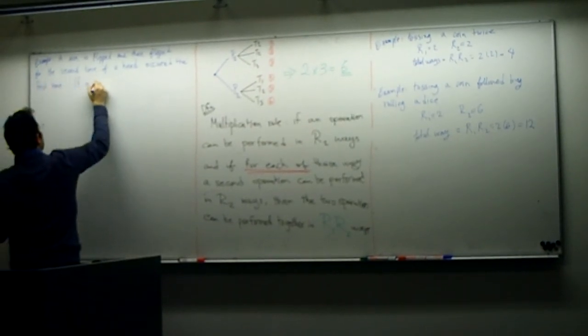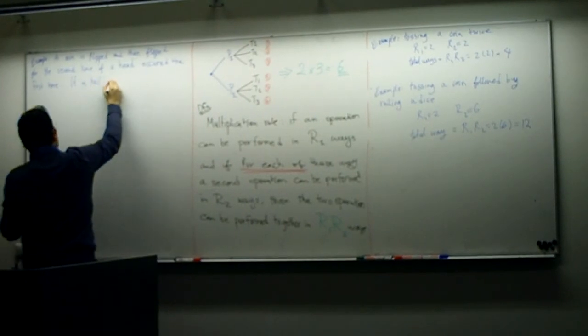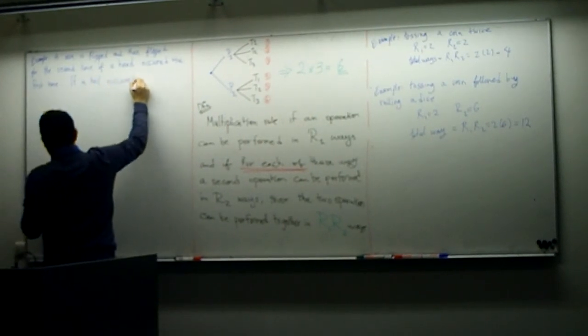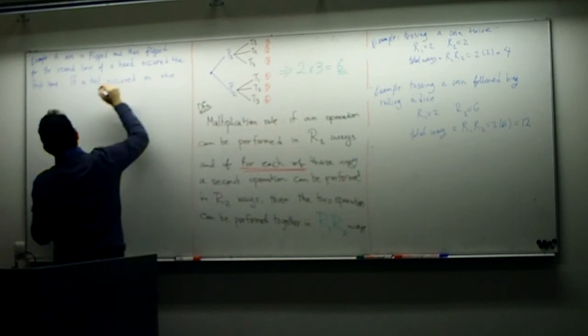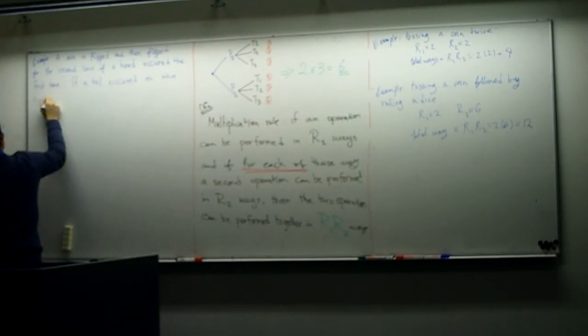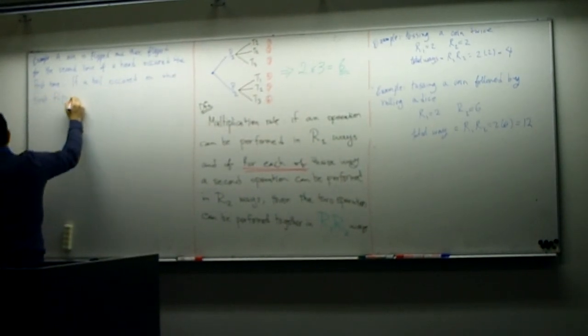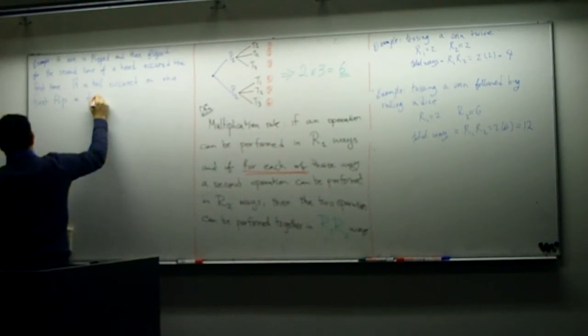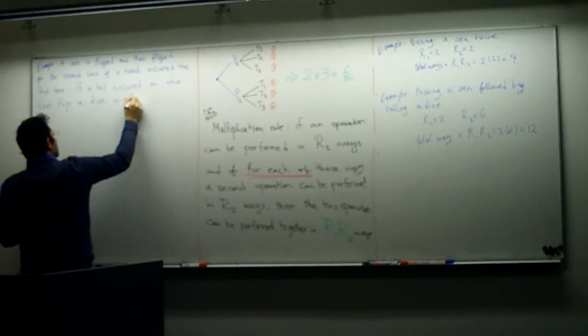If a tail occurred on the first flip, a dice is rolled.